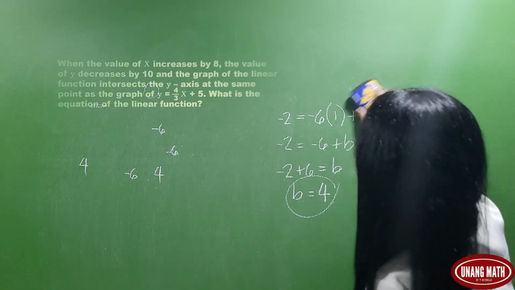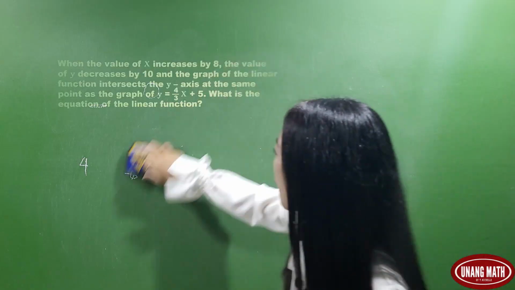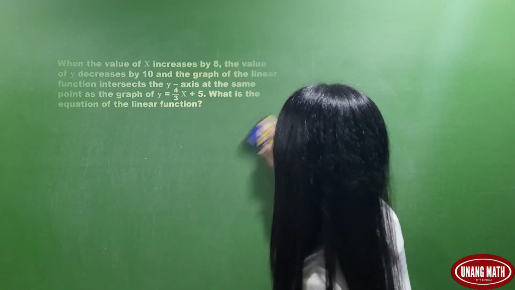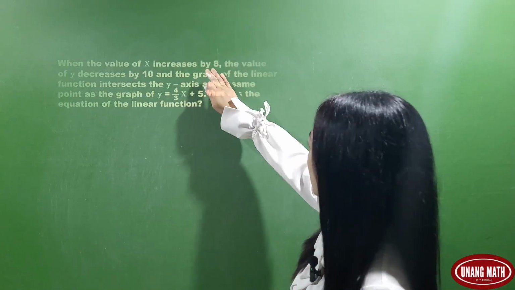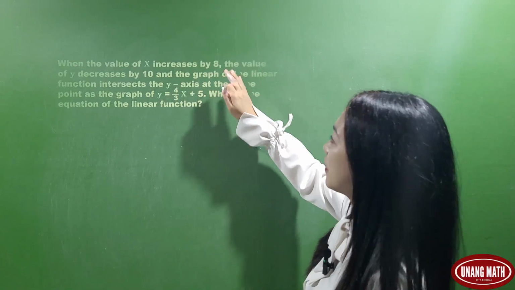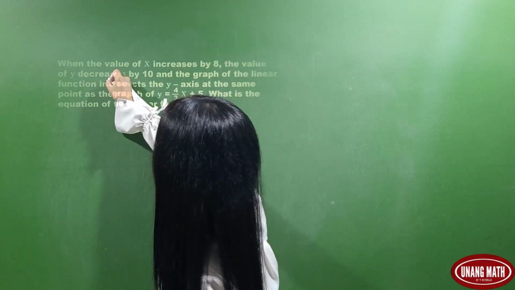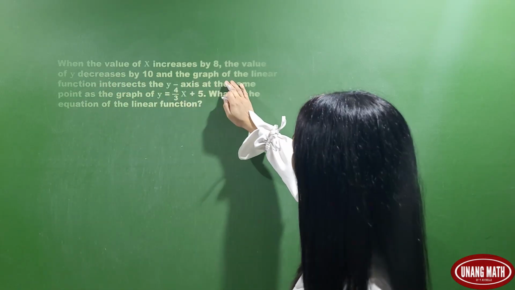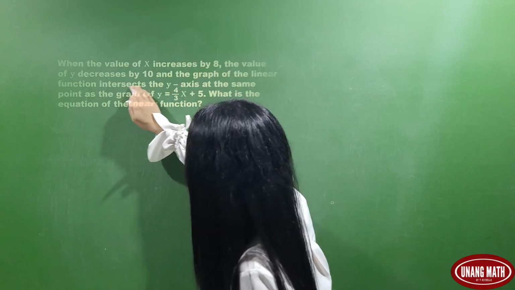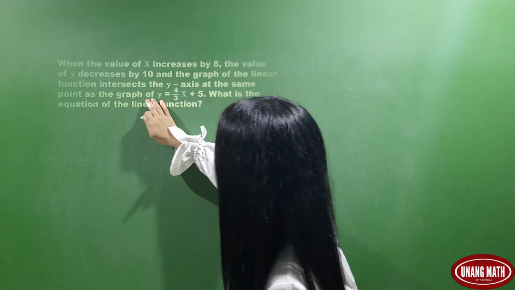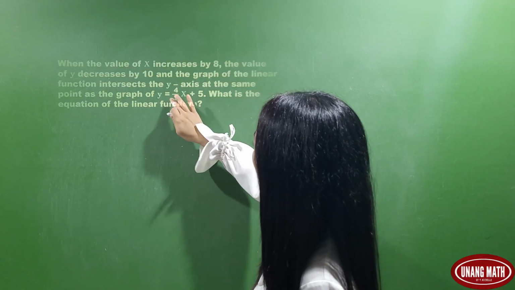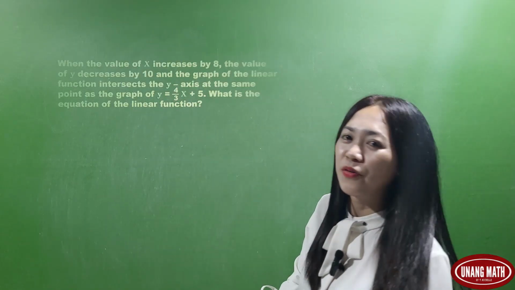Okay, this time, let's answer the following problems. So this is our first problem. When the value of x increases by 8, the value of y decreases by 10, and the graph of the linear function intersects the y-axis at the same point as the graph of y is equal to 4 over 3x plus 5.